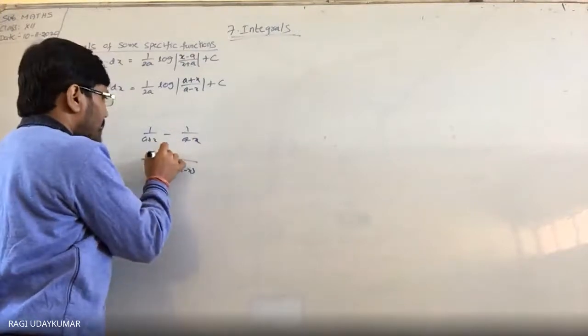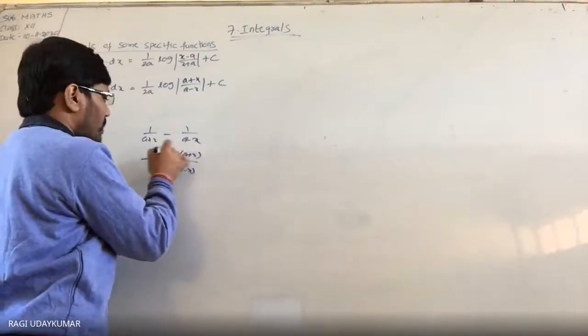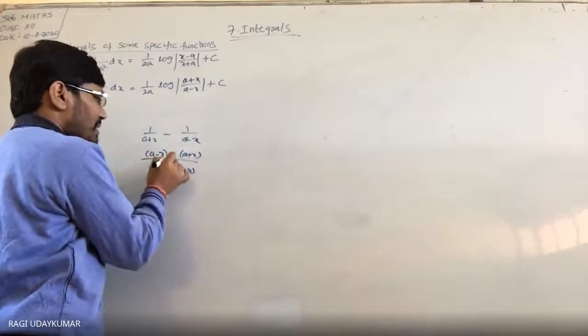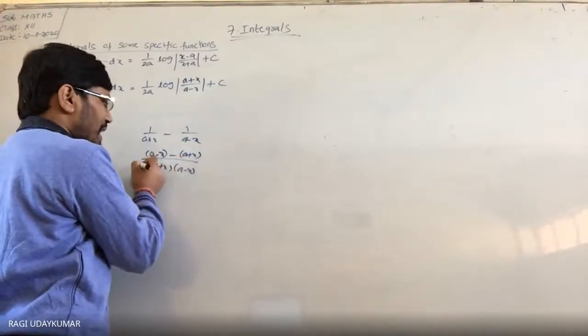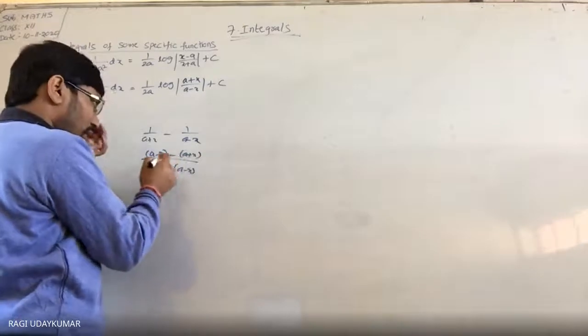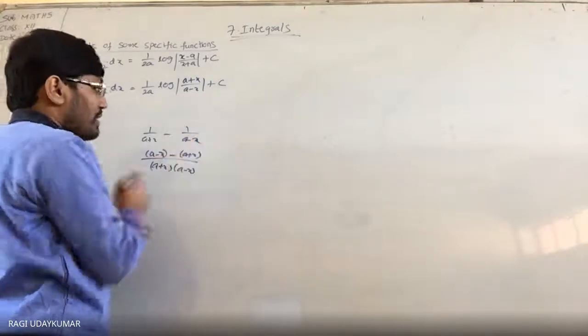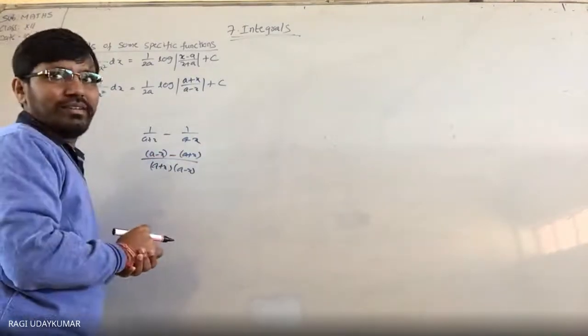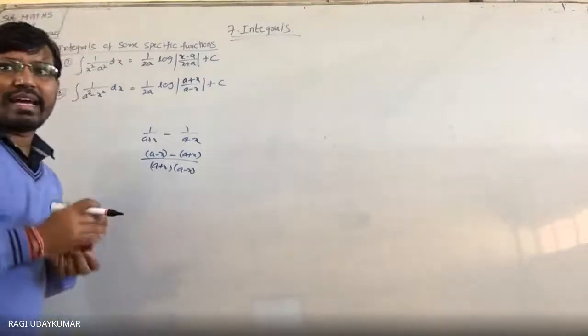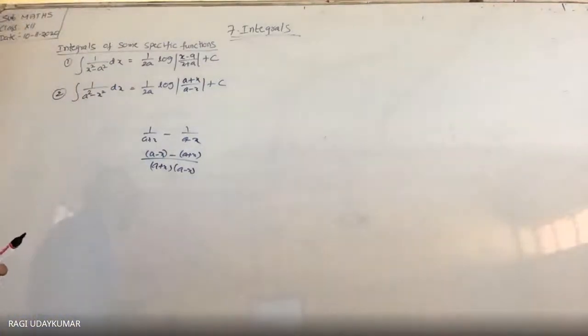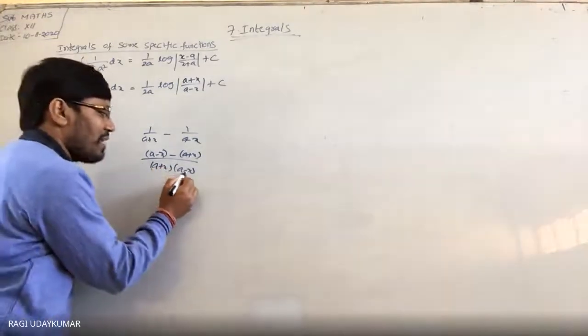This a minus x will be here, this a plus x will be here. So this is minus x, the minus gets cancelled, and you are going to get minus x, minus 2x coming. So minus 2x is coming. This confusion can happen if you are taking a plus x by a minus x. Split it. If you are splitting it in this form, but there is a minus, as you are having minus here.